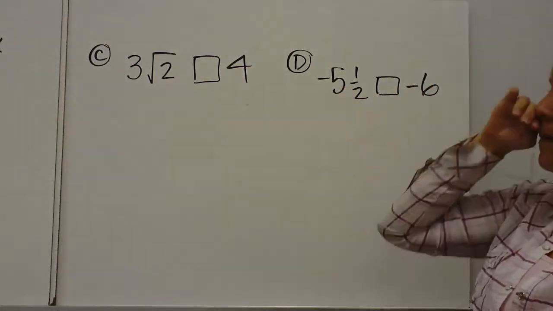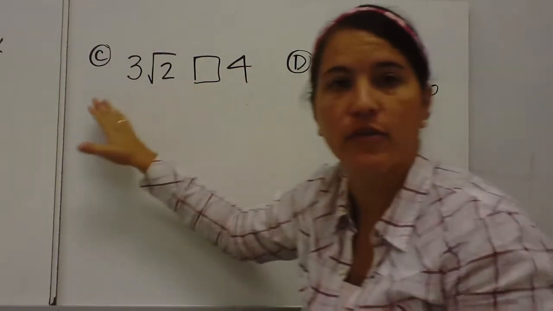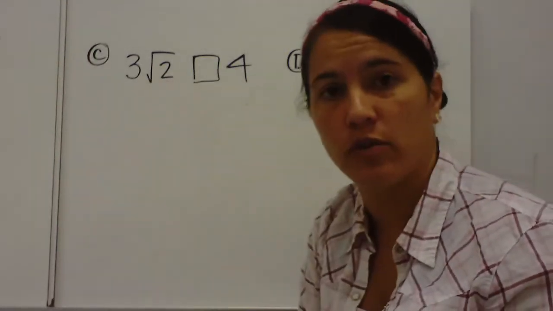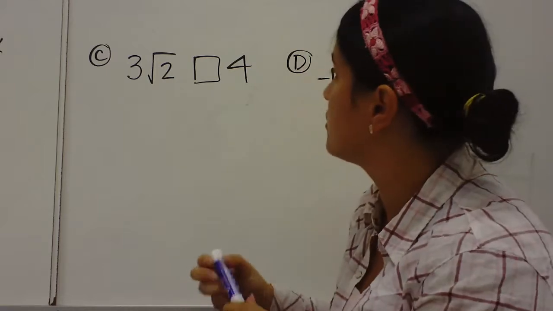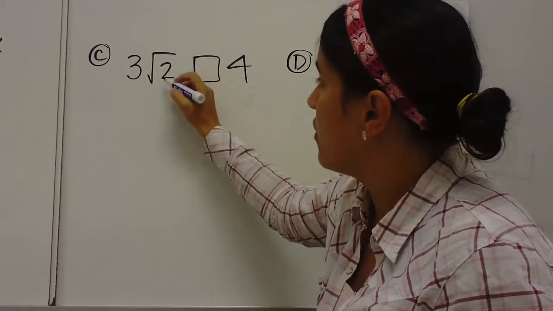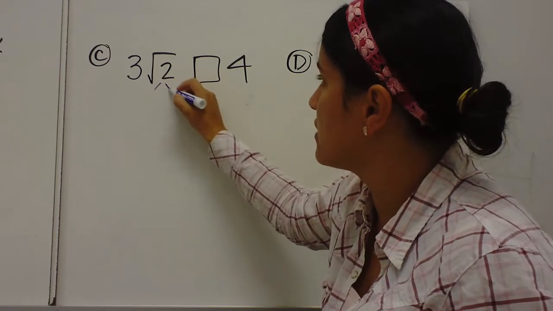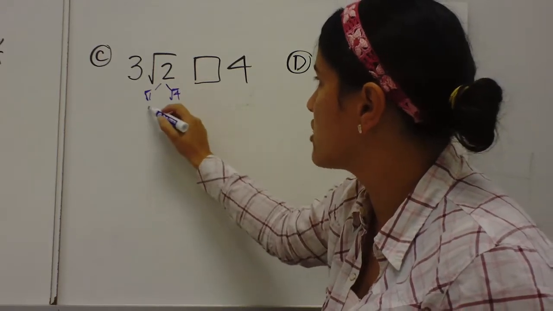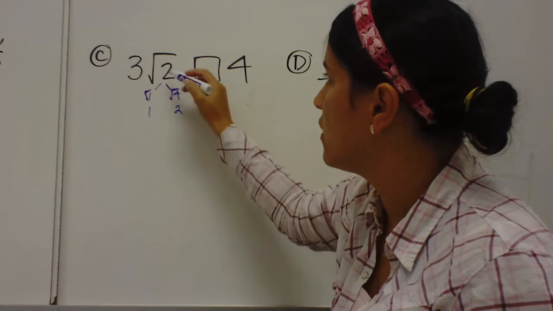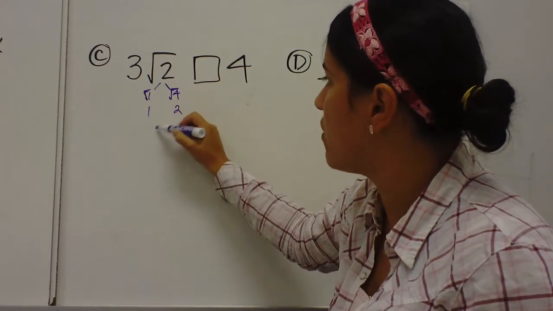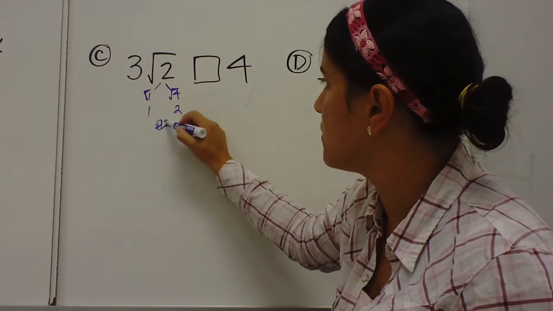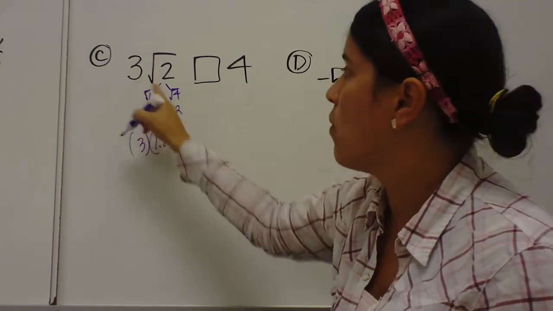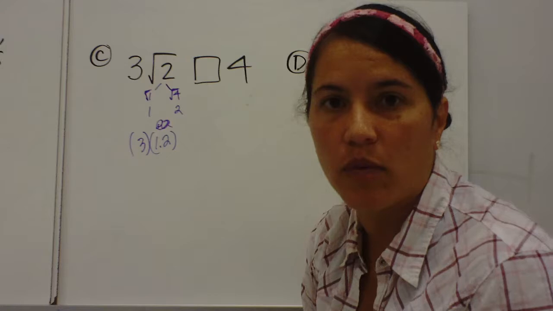Alright, C and D. C, I have 3 root 2. We've been practicing root 2 in class, and so I know that this is going to be between 1 and 4, which is going to be between 1 and 2, closer to 1, so about 1.2. 1.2 times 3.